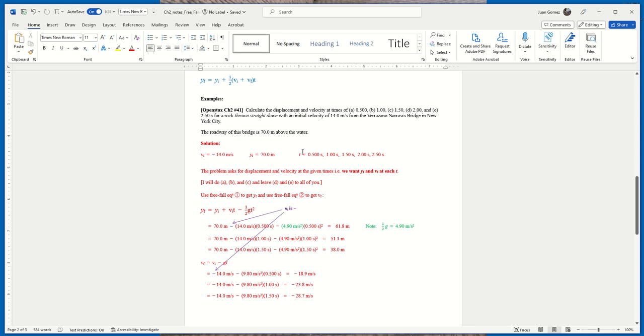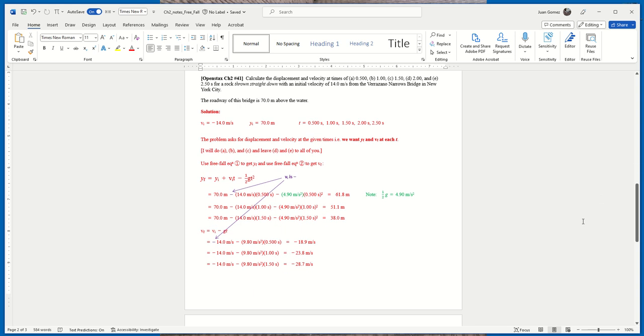Then we solve for the times of 0.5 seconds, 1 second, 1.5, so we're doing the same thing 5 times. The problem is asking for displacement and velocity, i.e., YF and VF. I'll do the first 3 times, A, B, and C, and you can do D and E.